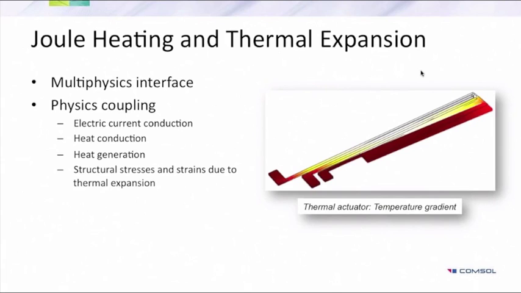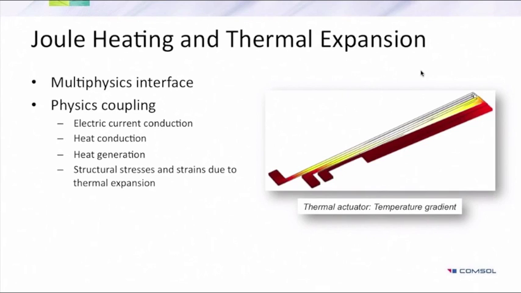Here, the electric current and electric field will cause a temperature change that will cause strains in the structure. This multiphysics interface is, for example, interesting when you deal with the microchip industry and when you put current through solders.